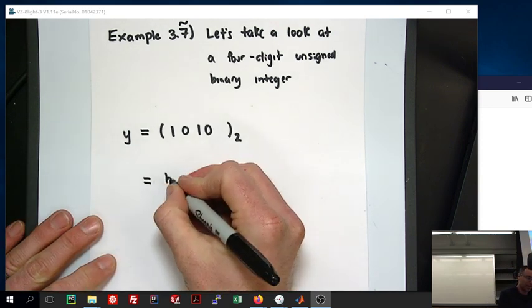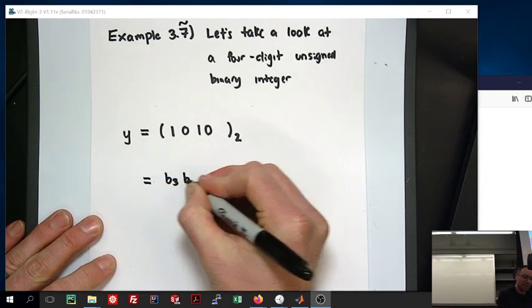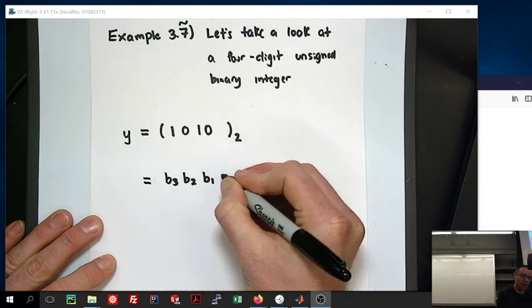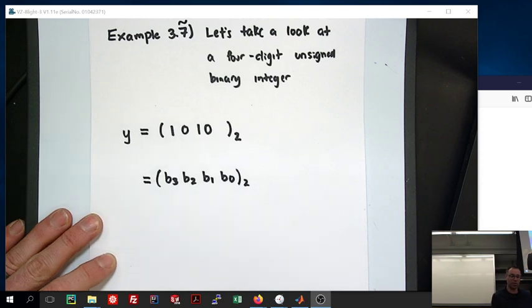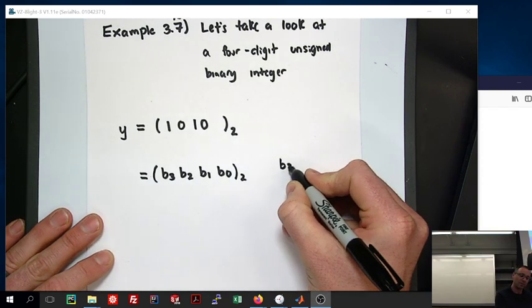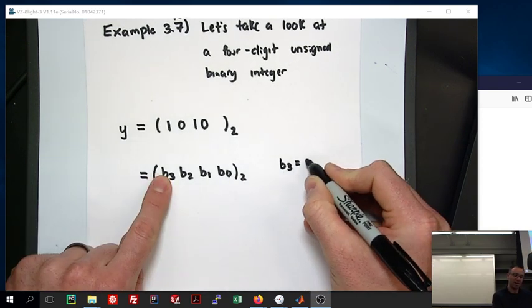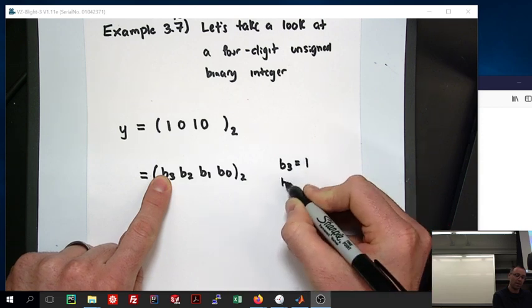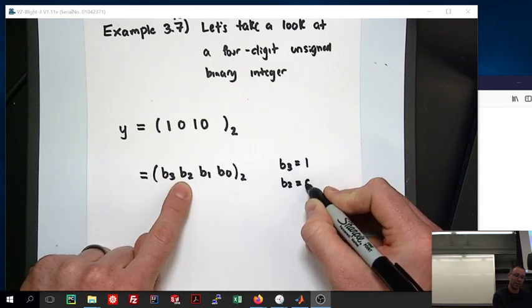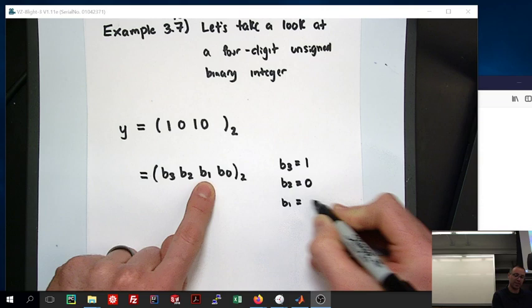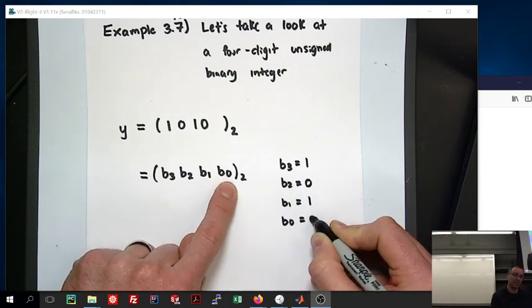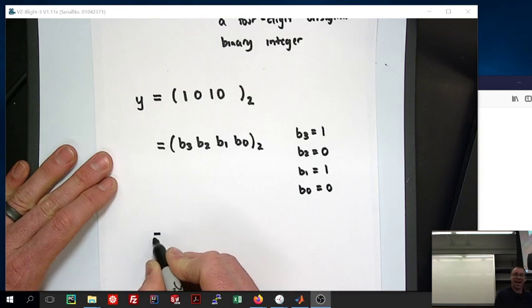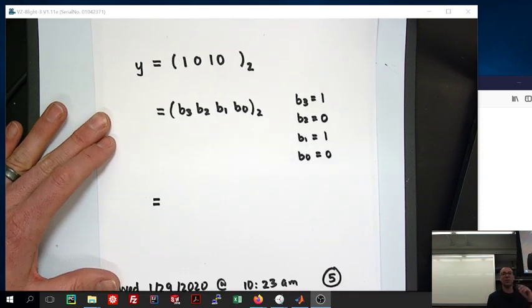So this would be B3, B2, B1, B0. Let's just make sure that we know what those things are. B3 is what? 1. B2 is. B1 is. B0 is. Okay. What did that binary representation mean?